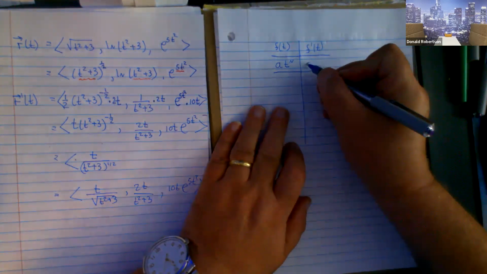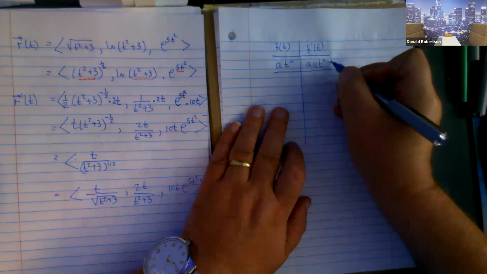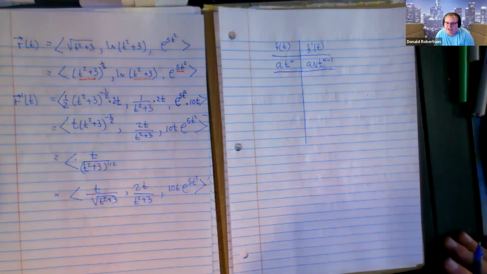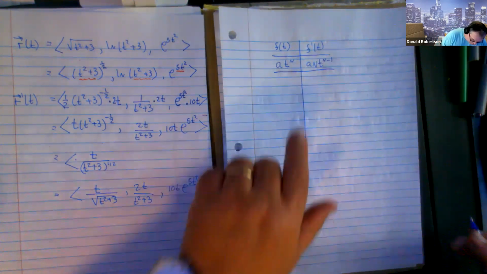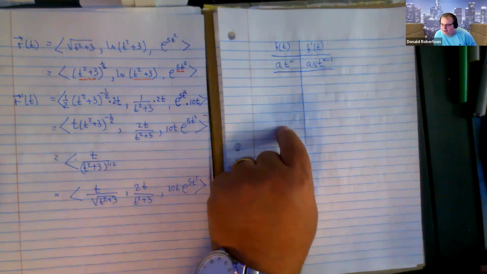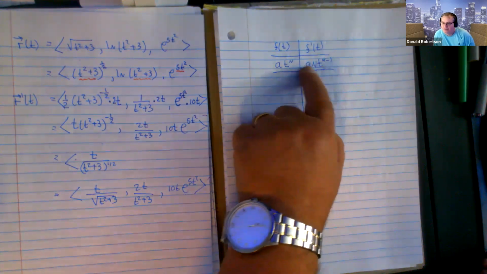The rule for that is multiply by the power and then reduce the power by 1. So t cubed, for instance, gets you 3t squared. Most people remember that rule by saying it in English: multiply by the power and reduce the power by 1. But that's what it looks like algebraically.